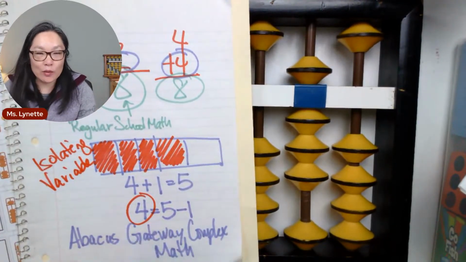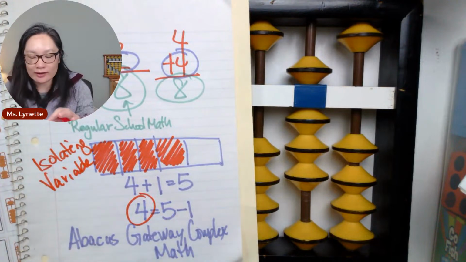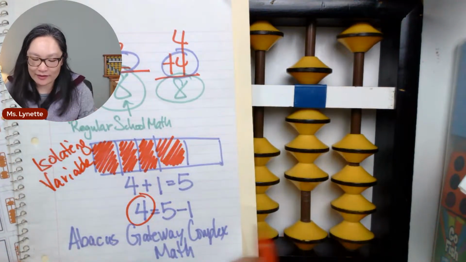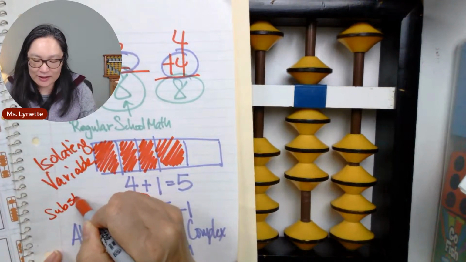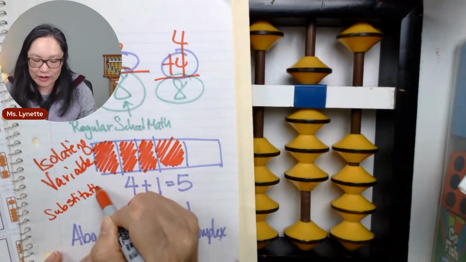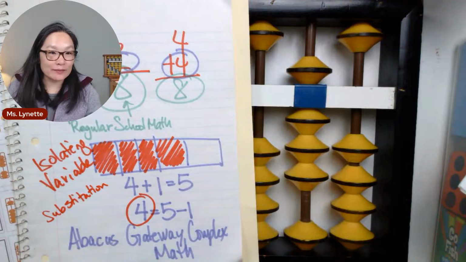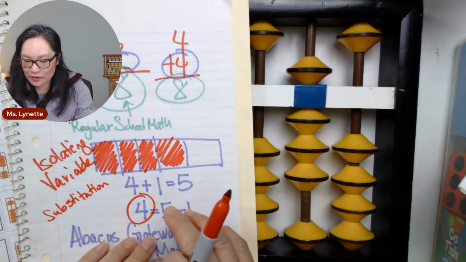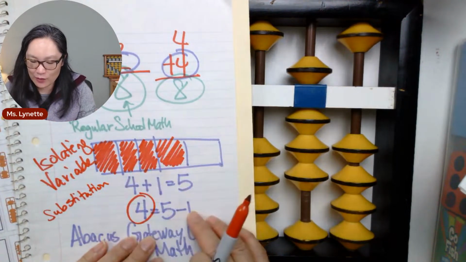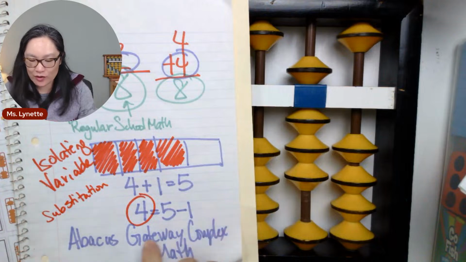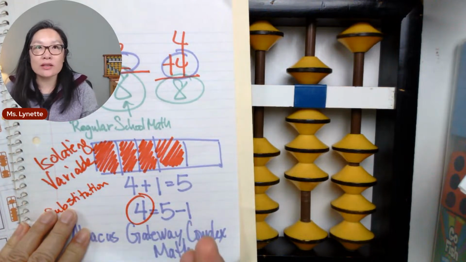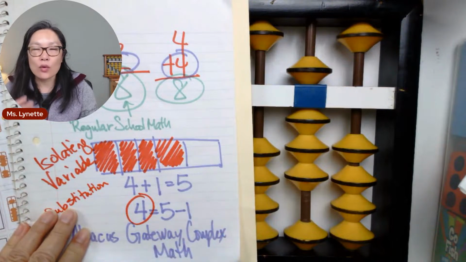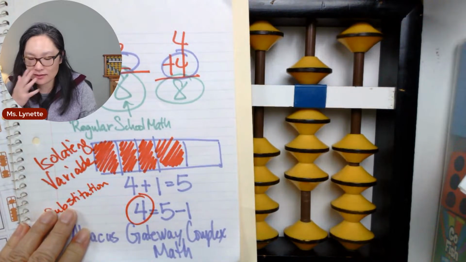What else are we doing? We're also rearranging and substituting, right? So this is also substitution. What we're doing here is utilizing another way to add a 4, which is kind of like thinking out of the box, right?